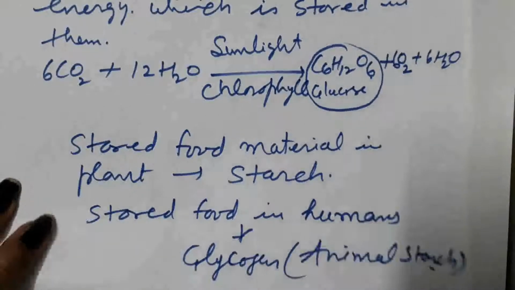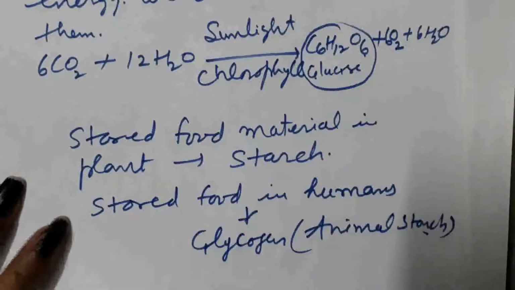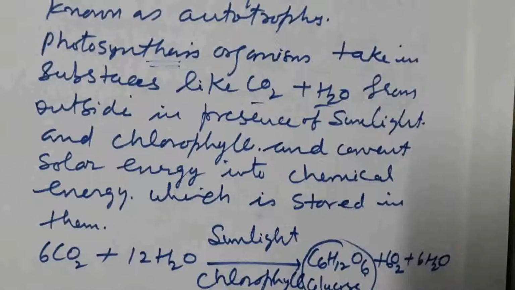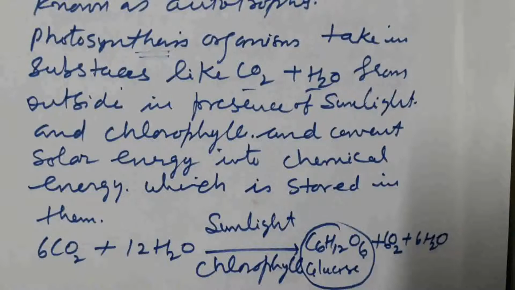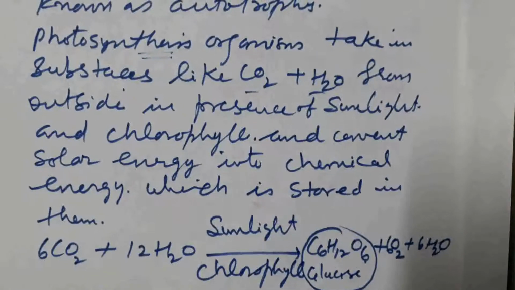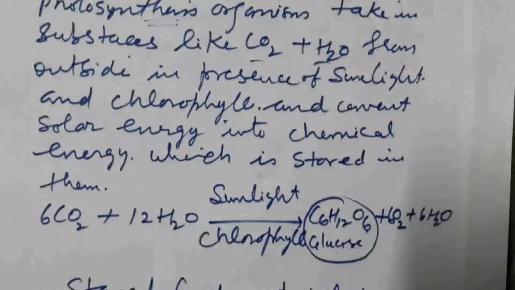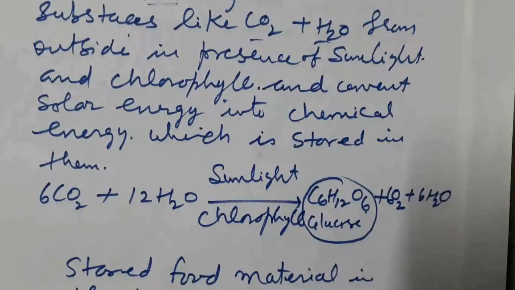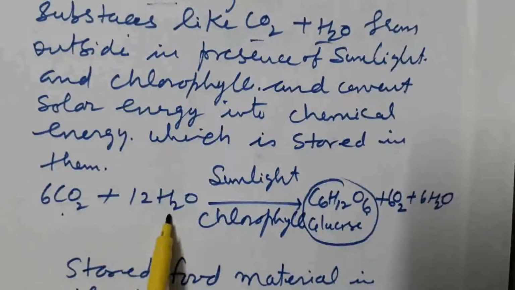So photosynthesis takes place in green plants and in cyanobacteria like blue-green algae, which prepare their own food material by this process. For photosynthesis, carbon dioxide and water are taken from the outside.